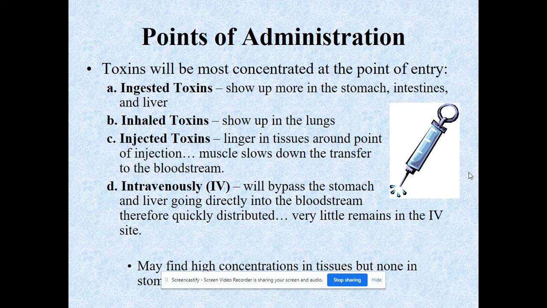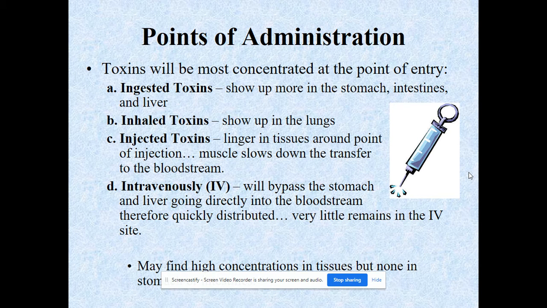Next is inhaled toxins, and inhaled toxins can show up in the lungs. Mrs. Talk and I had discussed a couple of examples of inhaled toxins. So huffing, which was kind of popular a few years back, where people were huffing aerosol cans trying to get a high.